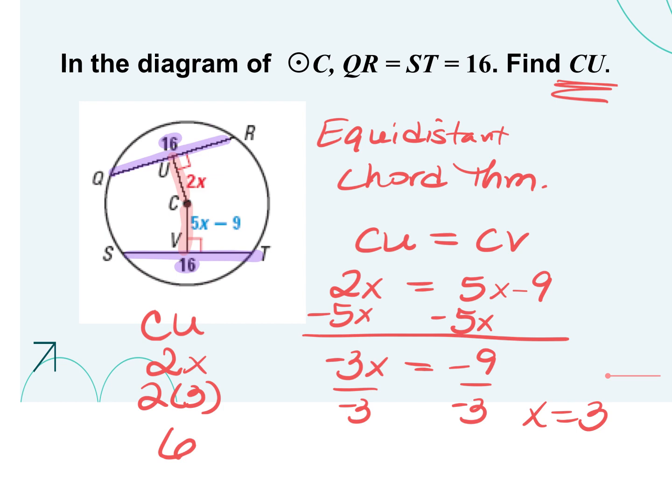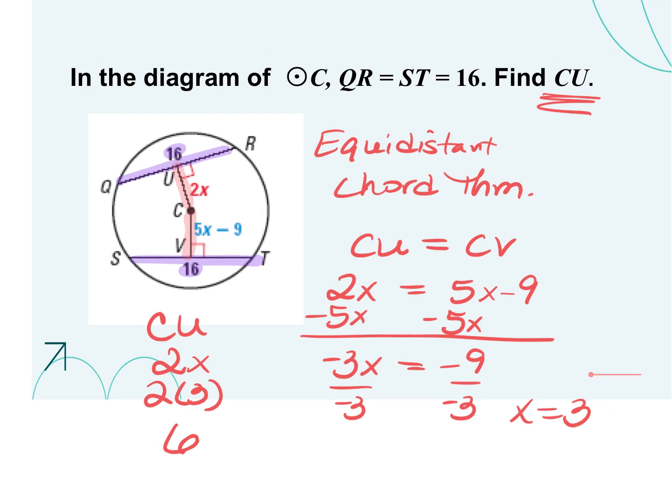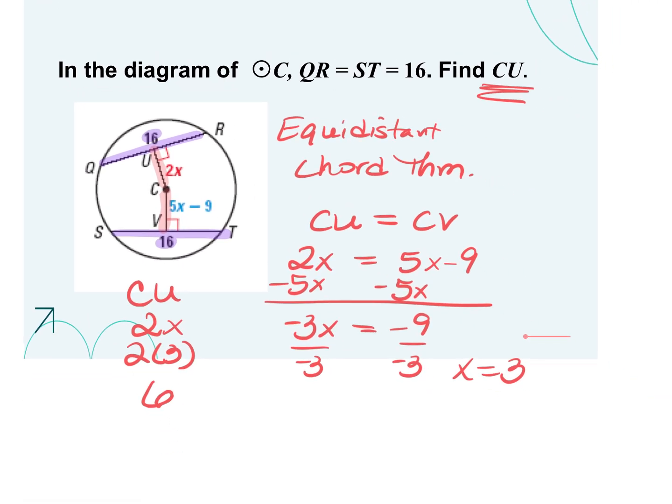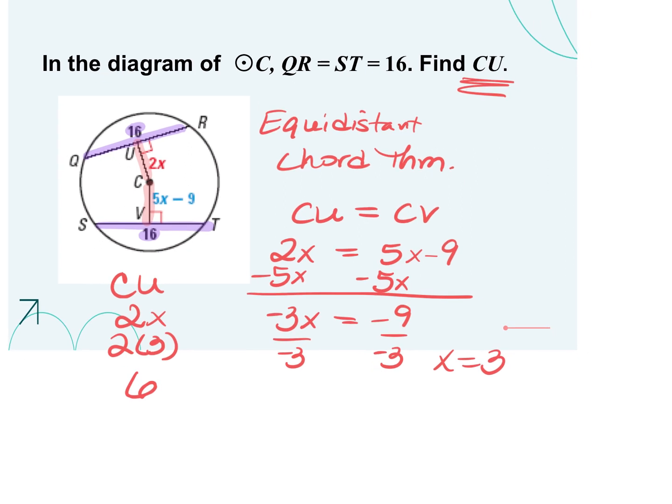Now, you might get a question like this in the homework, and then they might change it, and instead of them asking you to find the equidistant segment, you might get a question where they'll say, now, find the length of the radius. Now, if you notice here, this CU and CV, these are not radii. They don't go all the way to the edge of the circle.